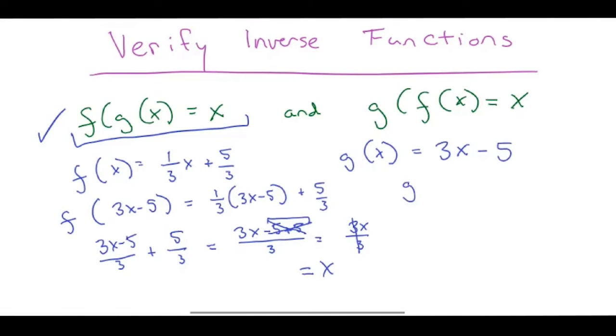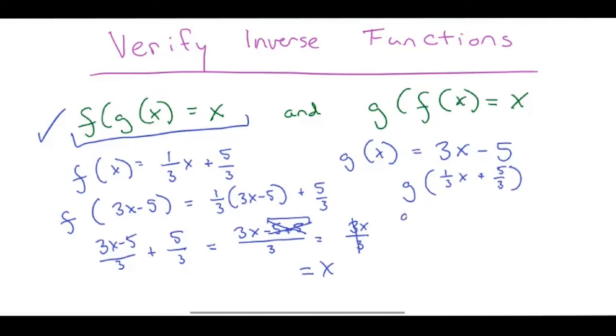Now let's do g of f of x. So I have g of, what is f of x? f of x is 1/3 x plus 5/3. So now I'm going to plug that into my g of x function.